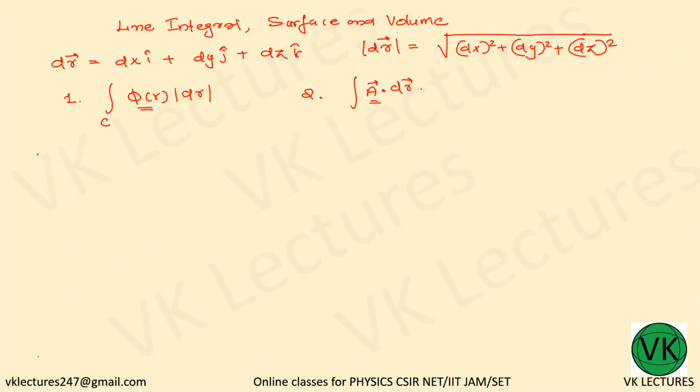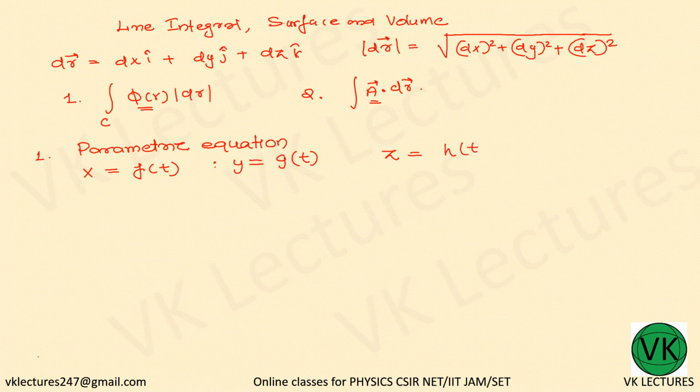First one is parametric equation. What happens in parametric equation? We can write x is equal to some function of t. Similarly, y is equal to some other function of t, and z is equal to another, f, g and h of t.